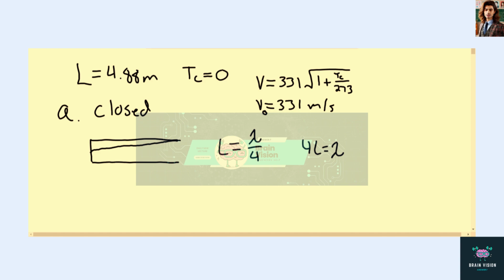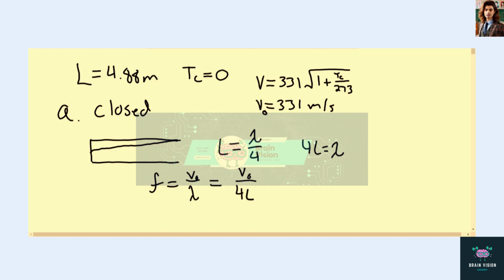Now we have a way to find our fundamental frequency. F, the fundamental frequency, will be equal to V, the speed of the wave, in this case V0, divided by lambda. We just said that 4L is equal to lambda, so we can rewrite this as V0 divided by 4L.